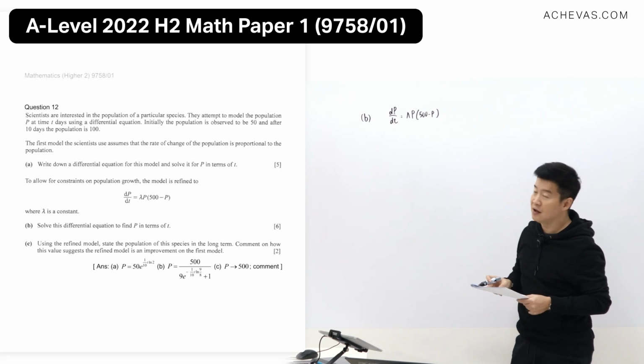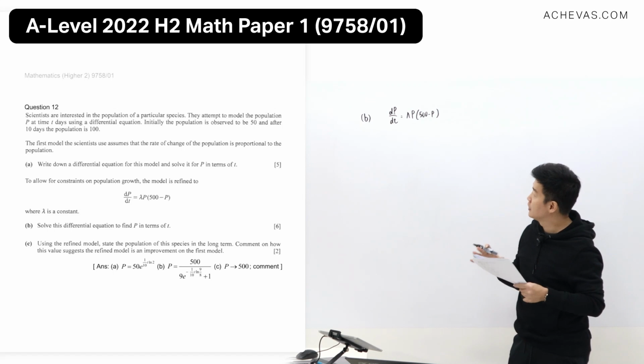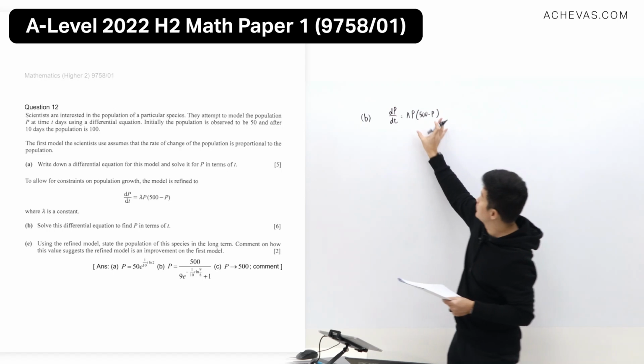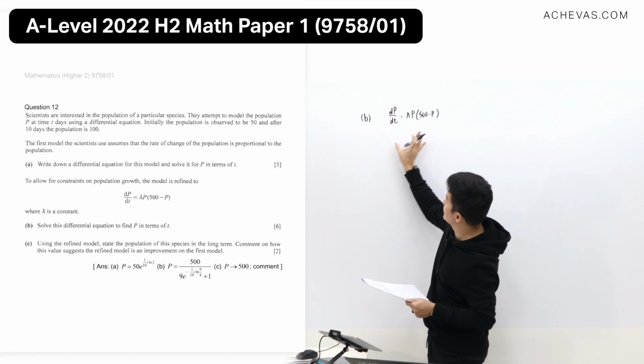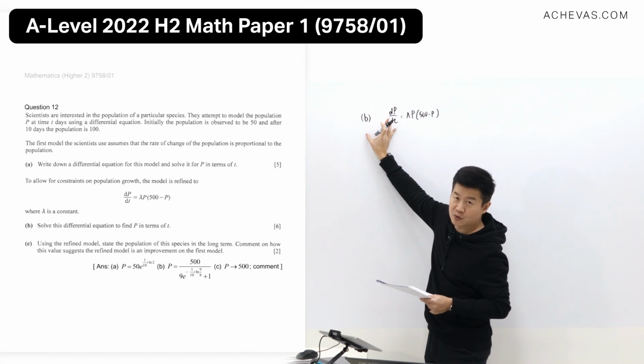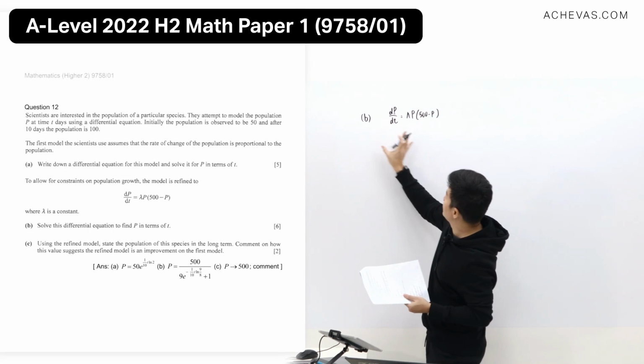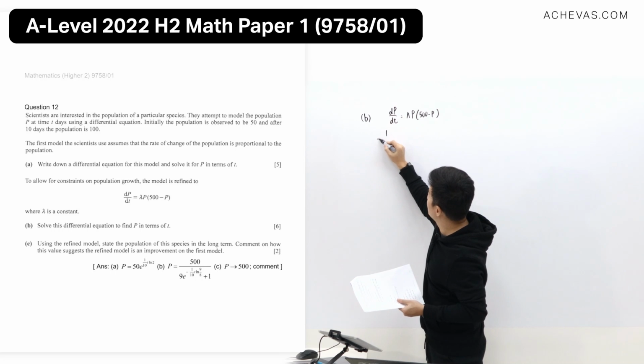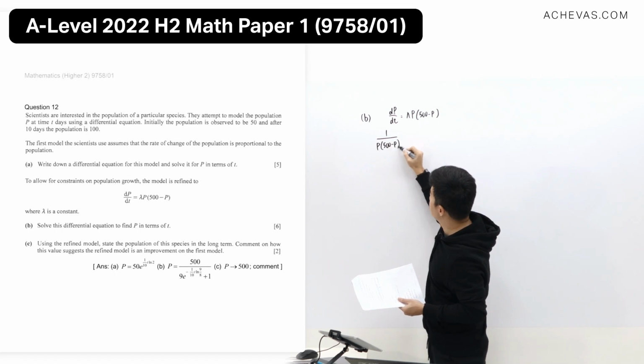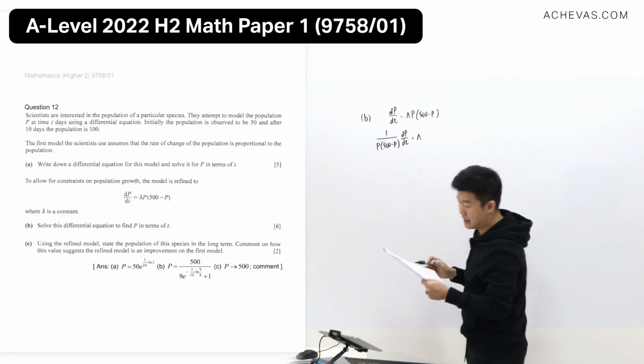This is once again a first order variable separable kind of differential equation. So I'm going to bring the entire p expression, dividing across to the other side to let it join with dp/dt. So dividing this across, we have 1 over p(500 minus p) dp/dt equal to lambda.